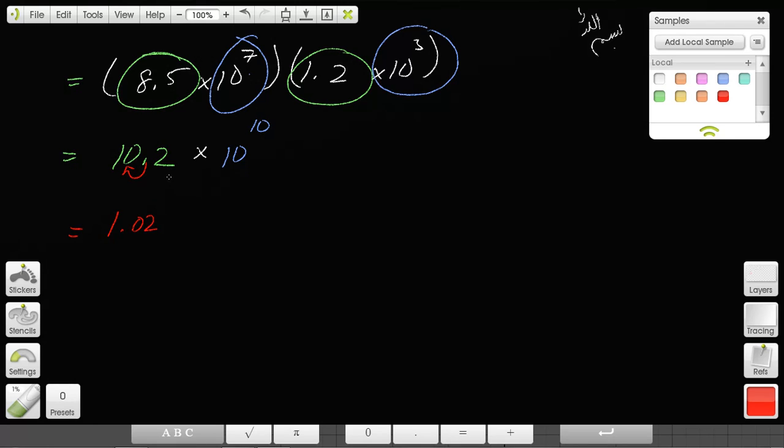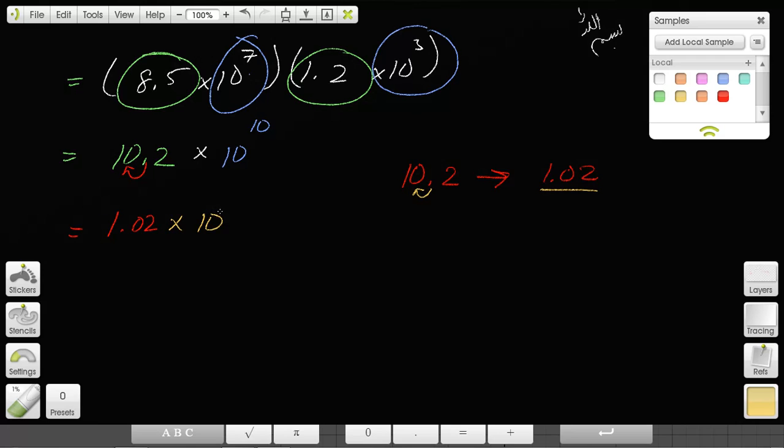When you move the decimal one place, you are dividing this number by 10. So I have to multiply the other number by 10 to make it the same thing.